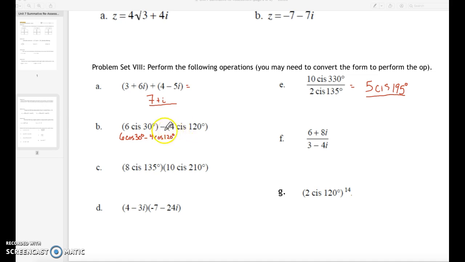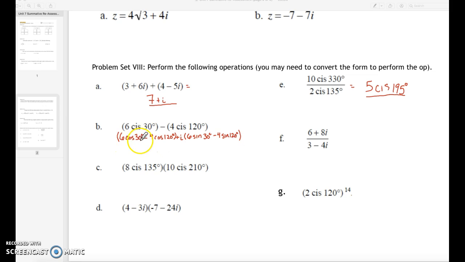You almost have to break these two up, and that's your x component here, and then you're going to have your y component, 6 sine, and I guess that would be i times this, sine 30 degrees, we'll put a plus sign in the middle here, minus 4 sine 120 degrees.